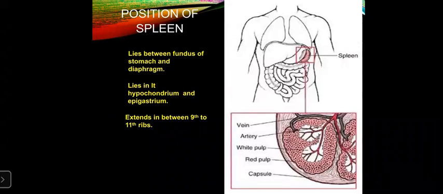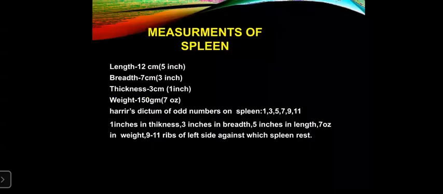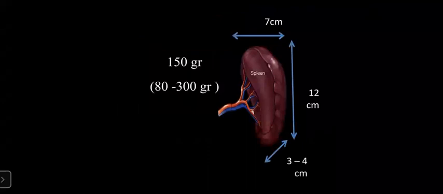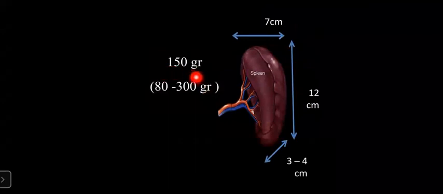The axis of the spleen is directed downward, forward, and laterally, and lies along the 10th rib. Measurements of the spleen: the length is about 12 centimeters, the breadth 7 centimeters, the thickness 3 to 4 centimeters, and the weight between 80 and 300 grams, averaging 150 grams.